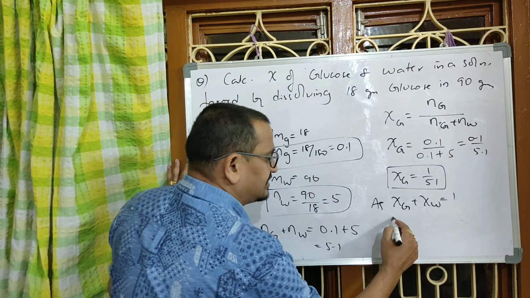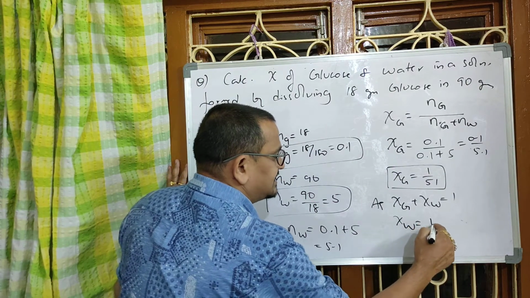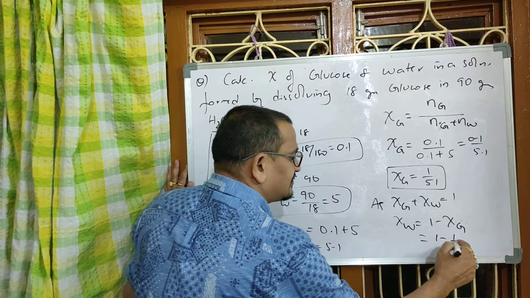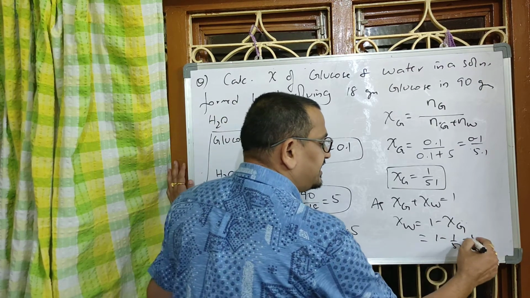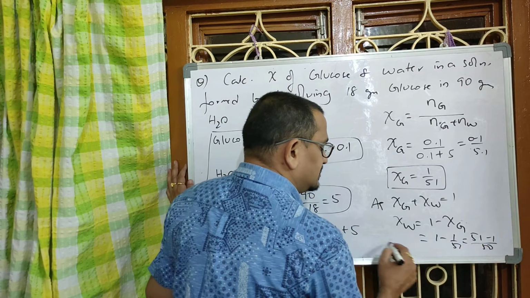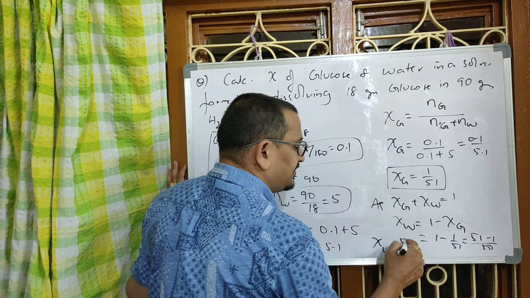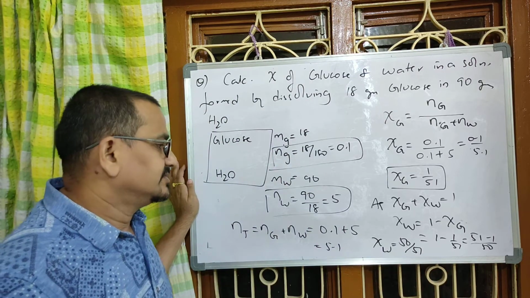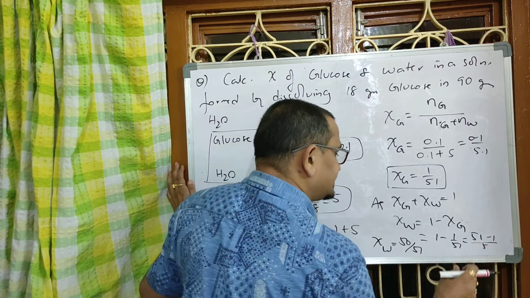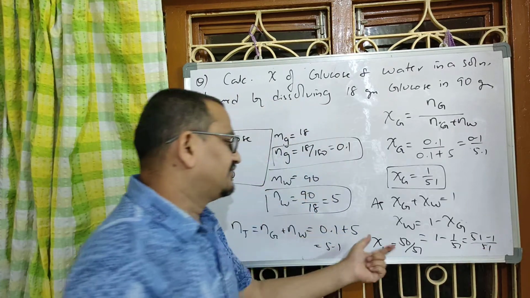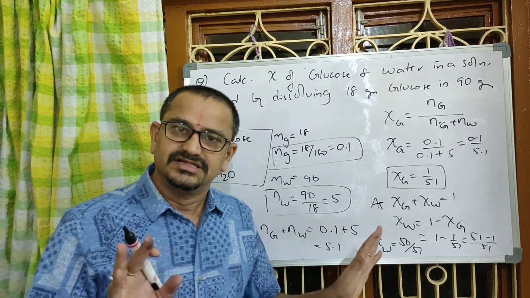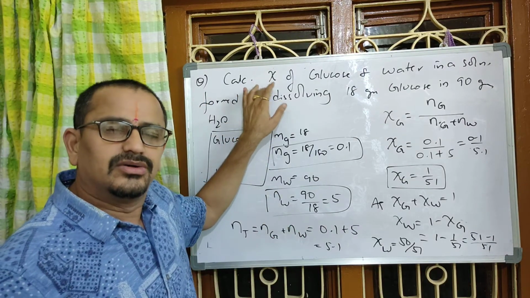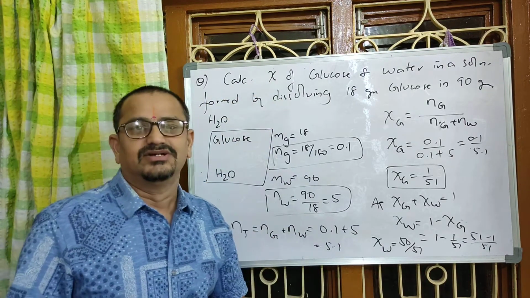So the mole fraction of water is 1 minus the mole fraction of glucose, that equals 1 minus 1 by 51, that is 51 minus 1 by 51. Nothing but the mole fraction of water is 50 by 51. So this is how we can solve numericals on the mole fraction concept also, right?